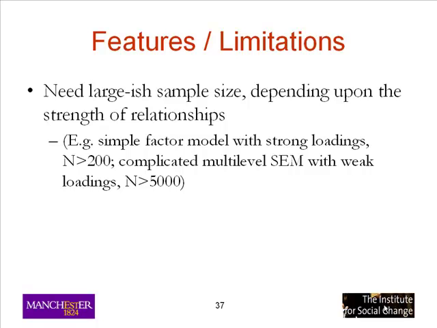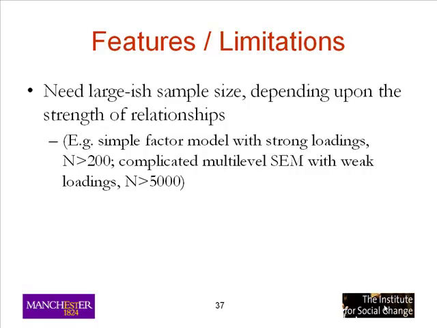I suppose the first one is that you need quite a big sample to estimate these sort of models. It used to be thought, in the literature, that people often want to say you need at least X number of people to be able to run some of these models. It's not really that simple.